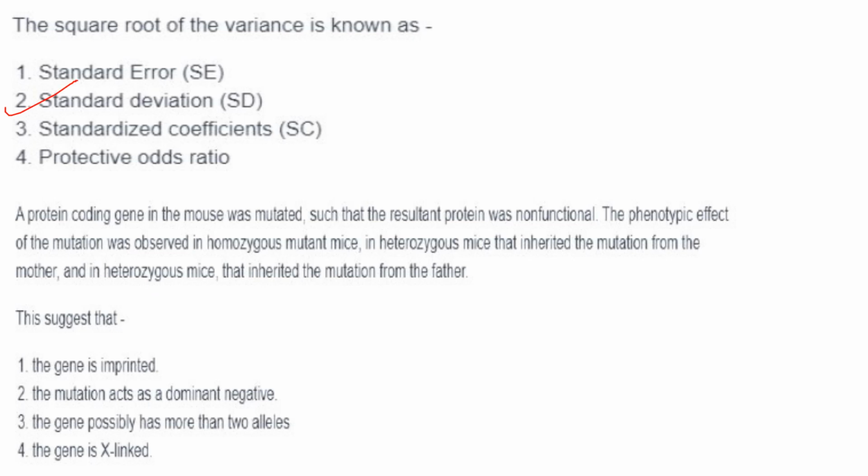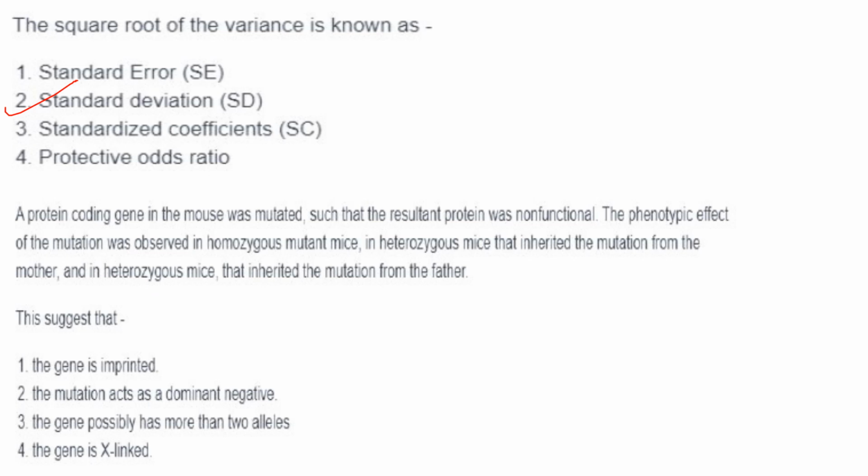Then next one. A protein coding gene in the mouse was mutated such that the resultant protein was non-functional. The phenotypic effect of the mutation was observed in homozygous mutant mice. Homozygous means both the alleles are mutated, so naturally it is going to produce non-functional protein.